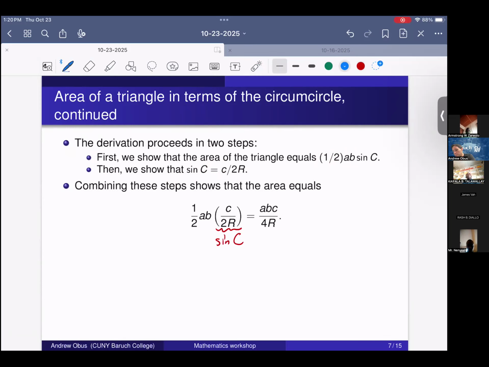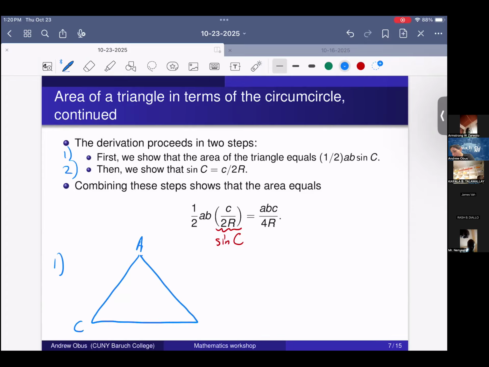Okay, so these two steps, we're going to call them step 1 and step 2. On this page, I'll do step 1. If I have a triangle like this, let me draw the triangle a little bigger. I'm going to draw the angle C over here.